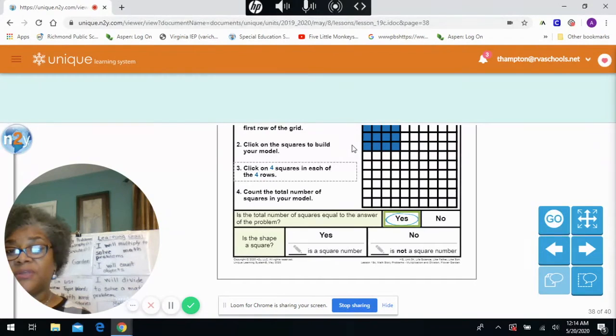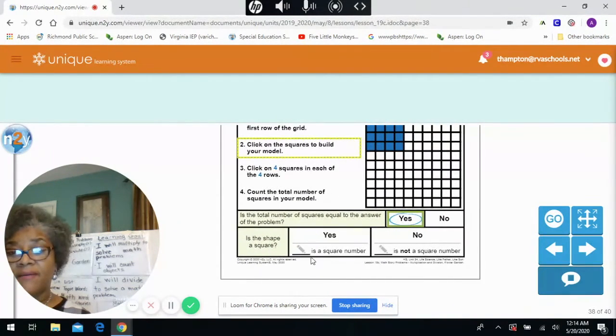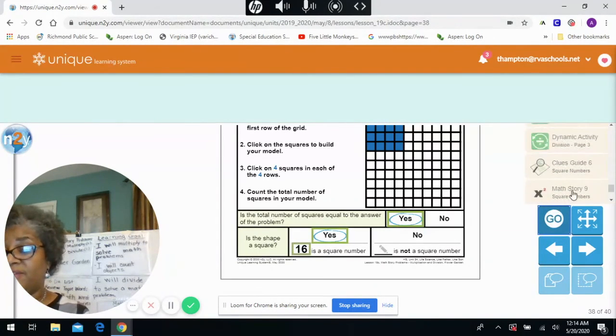Yes, it's a square. So blank is a square number. What's the number that's squared? 16 is a squared number. All righty, very good.